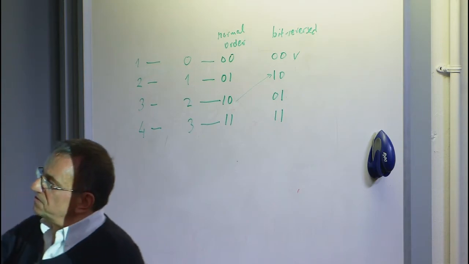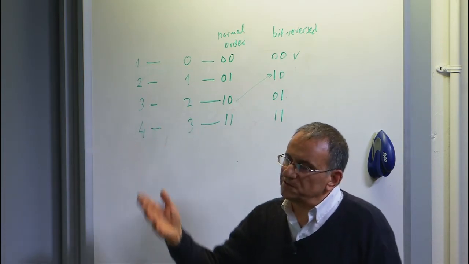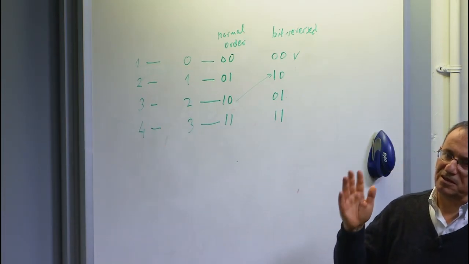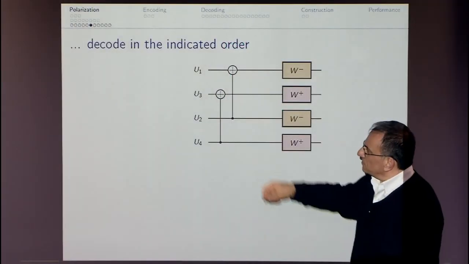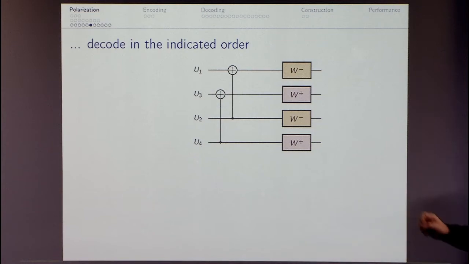Now, the bit reversal is something which can be avoided in this exposition. I would like to avoid it because it is just for convenience in writing down the mathematical formulas. You want to write the chain rule in such a way that the indexing is in the natural order, not in the bit reversed order.